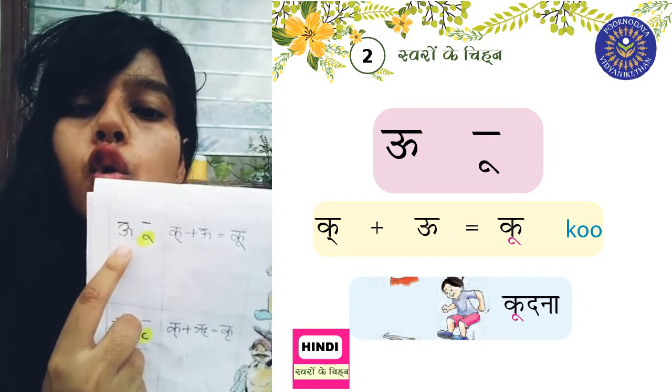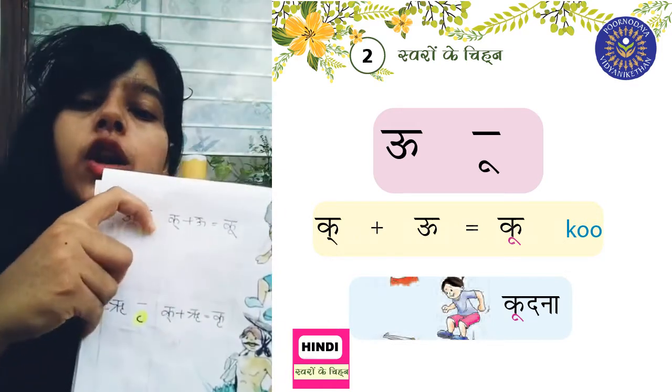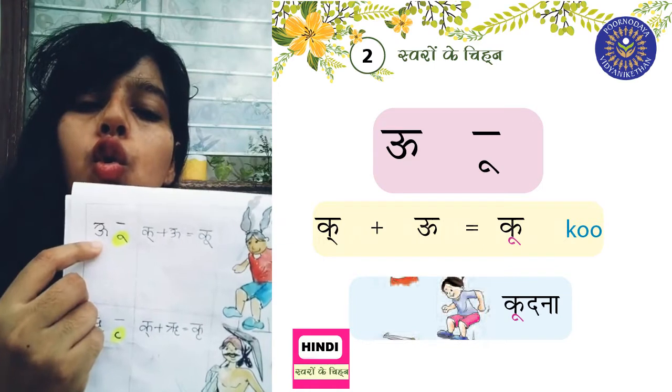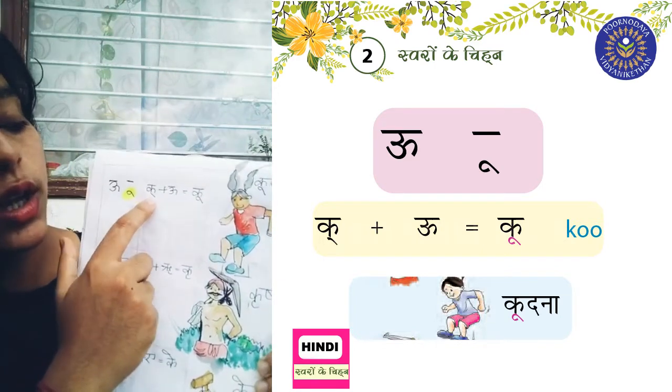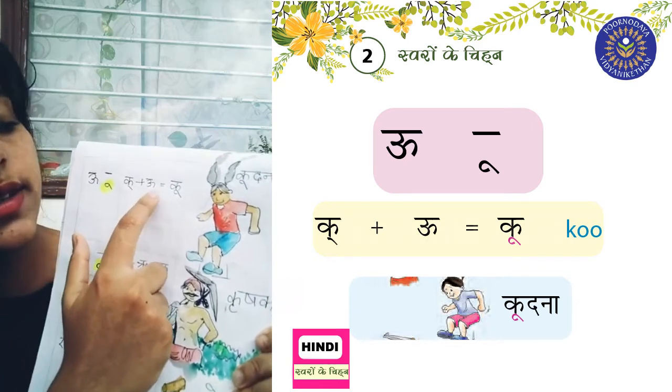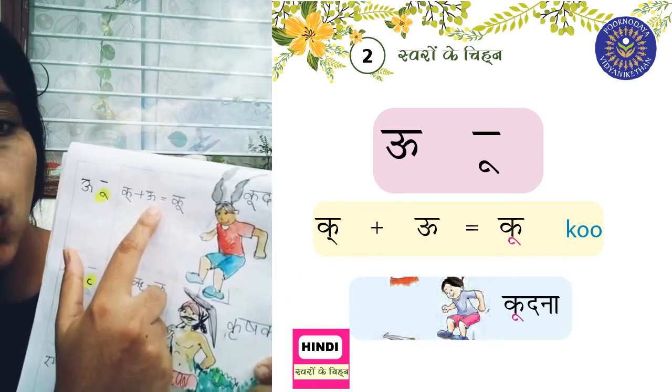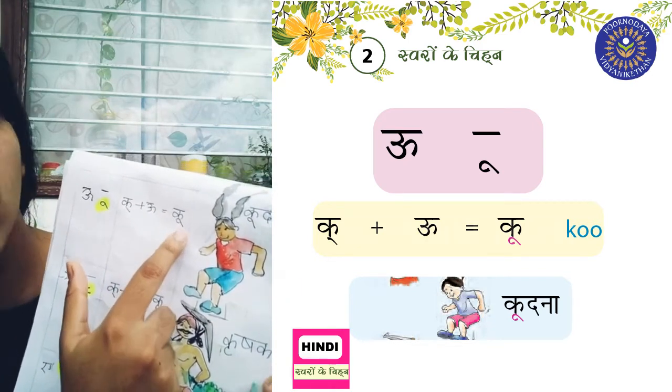Then you see oo, from up to below. Ka plus oo, koo.